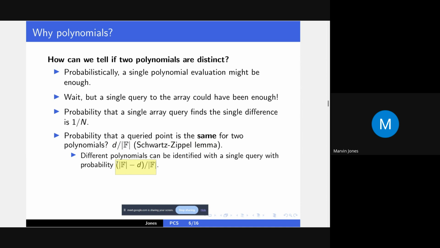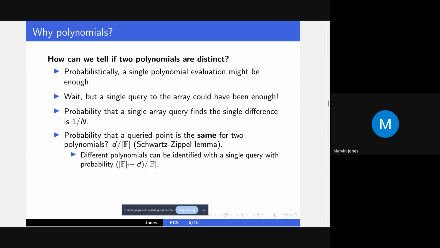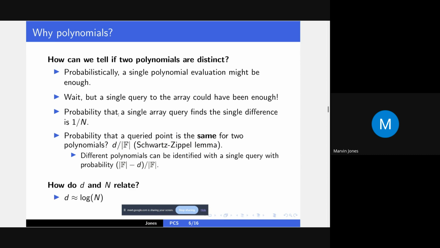If you look at zk-SNARKs, you would see that fields are usually, I think, 2 to the 128, and you want d to be, well, a lot smaller than that. So this will be close to 1.